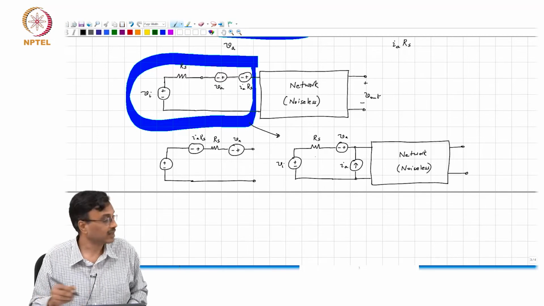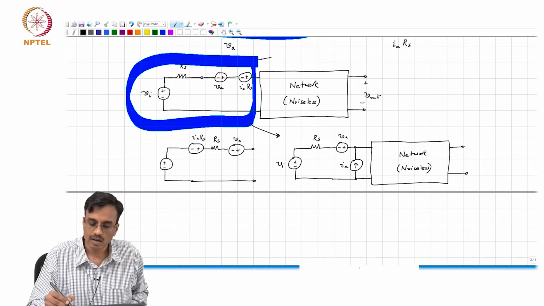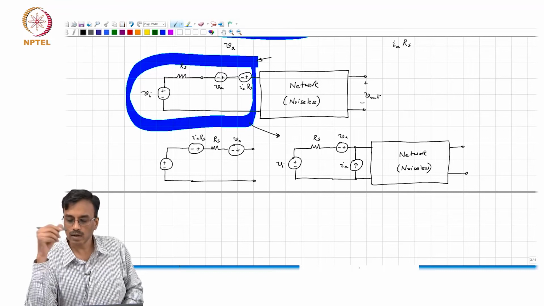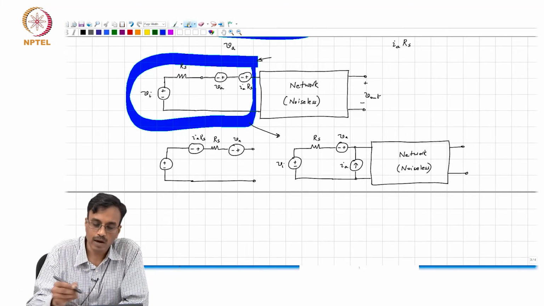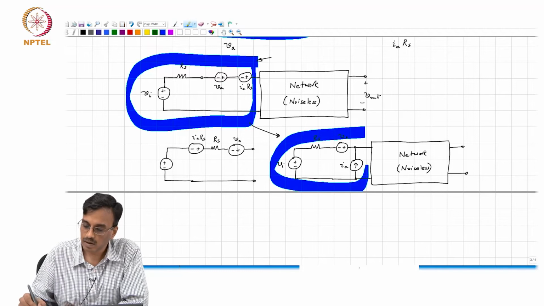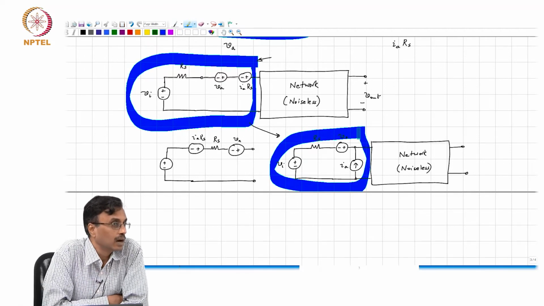and how do we know that this is correct? Well, if you look there, what is the Thevenin equivalent? What is the Thevenin resistance? Rs. And what comment can you make about the Thevenin voltage on top?